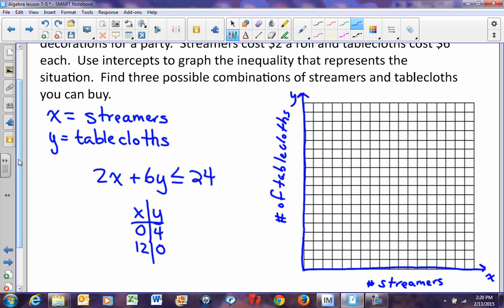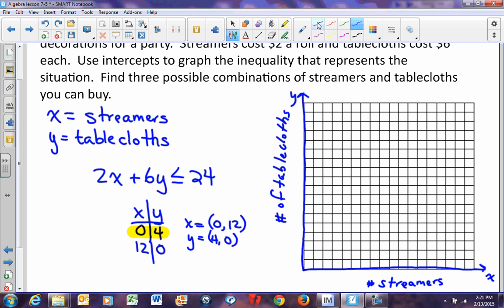And I'm using intercepts, so remember you can always just read the points, plot the point 0, 4, and then plot the point 12, 0.